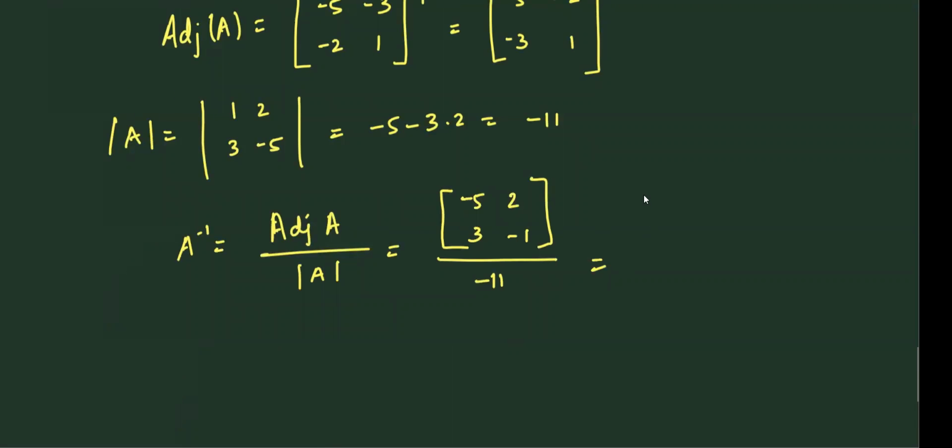So A inverse is 5 by 11, minus 2 by 11, 3 by 11 and plus 1 by 11. Sir, it's plus 2 by 11 also. With minus is there, no? Minus 11 is there in the denominator. Okay. So this is the A inverse, adjoint A by determinant of A.